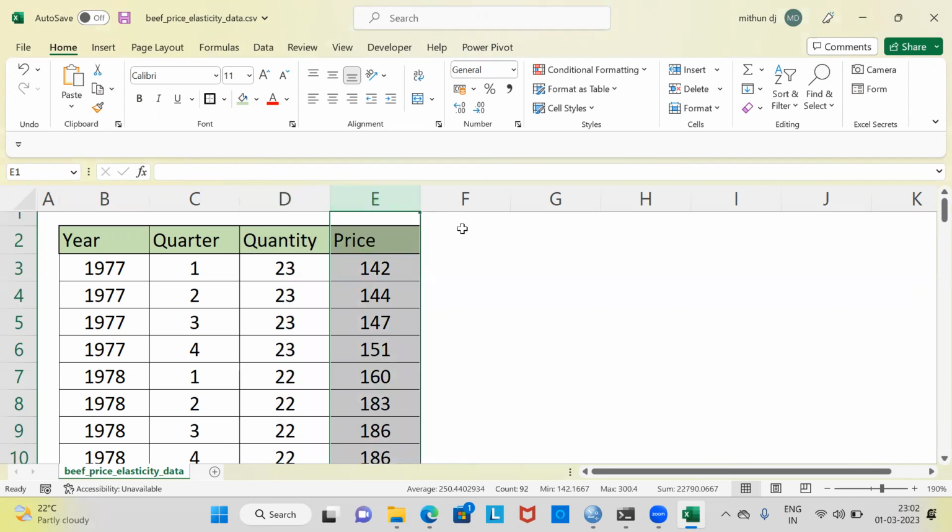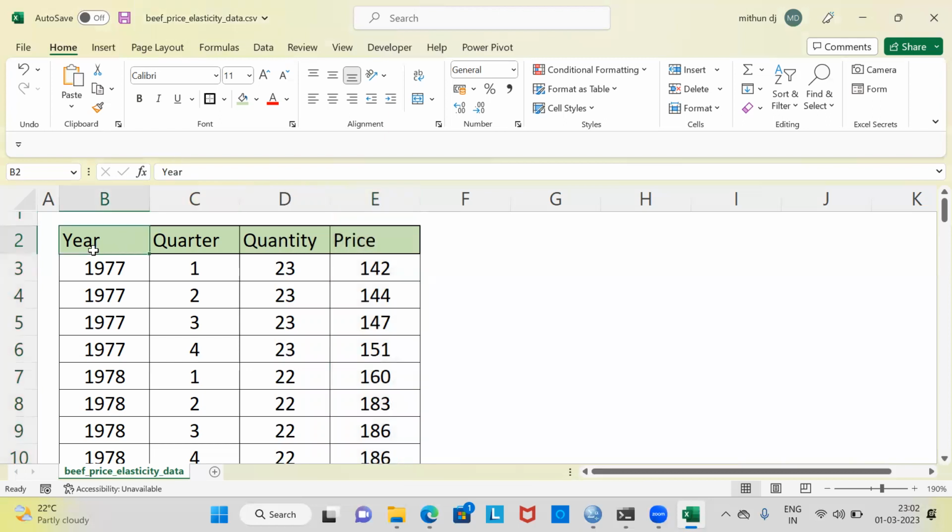We are saying this because we are going to change price and we are going to study what is the impact of change in price on the quantity demanded. This data set is called as beef price elasticity data.